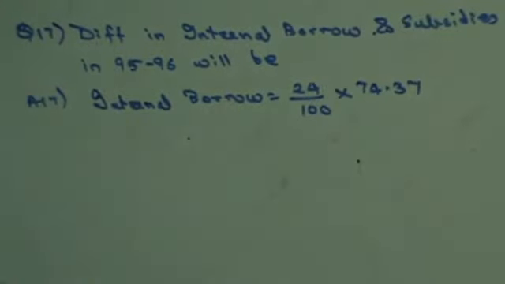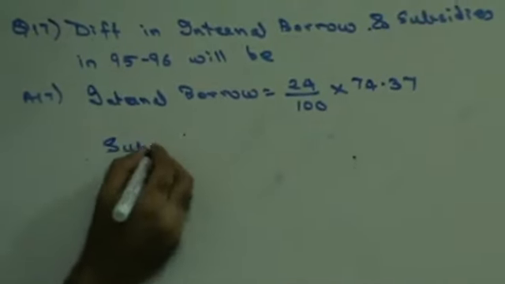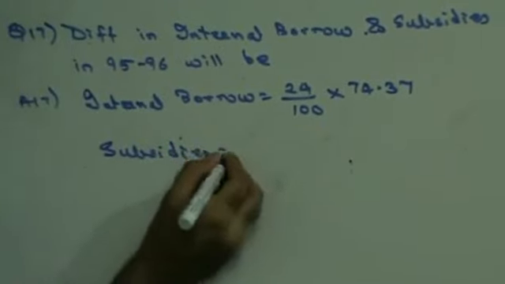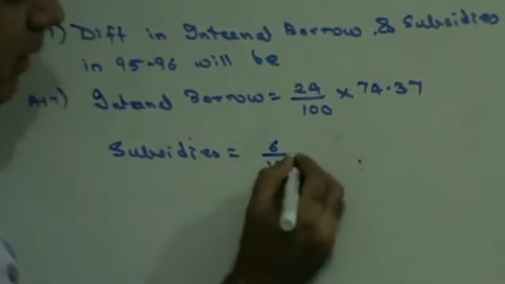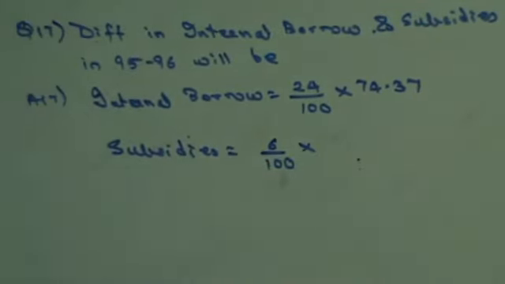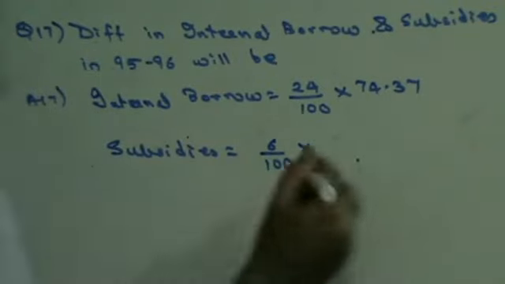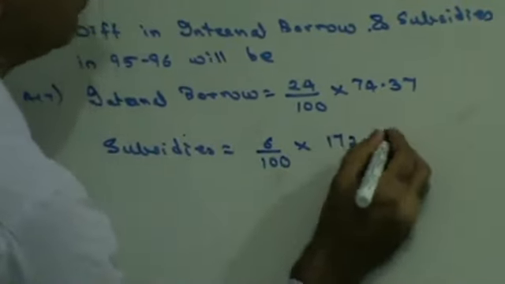Then subsidies in total amount spent on subsidies is 6%, and in 95-96 my expenditure was 172.15.